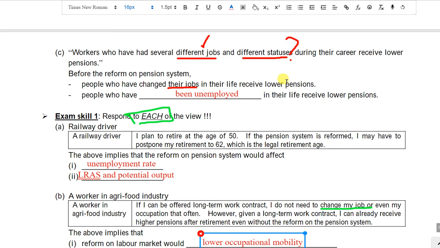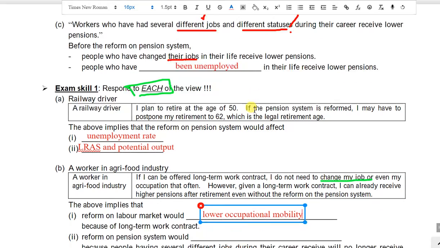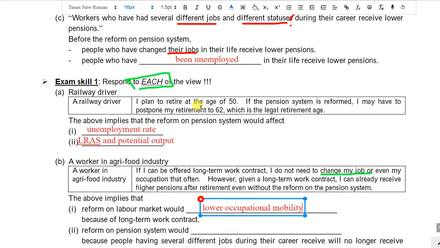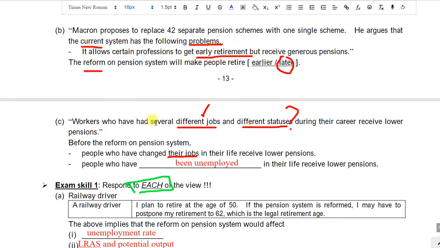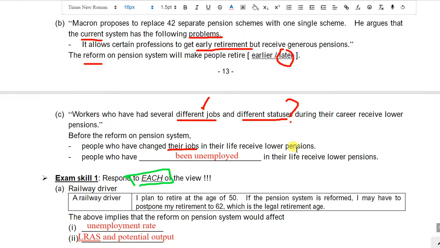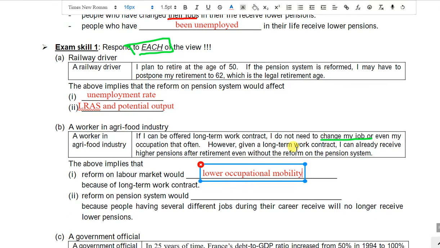In order to get a larger pension, they will stick to one job and keep working, right? And that's why if Macron fixes the problem, and even if they have changed their job, they can receive the same amount of pension, then this will encourage them to find the best job that they want to do.